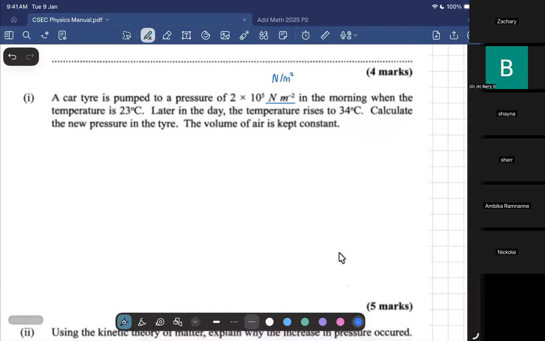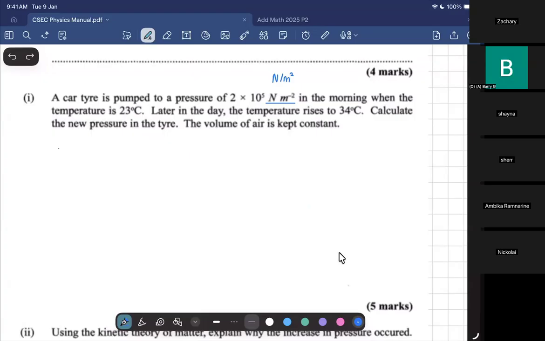In the morning, when the temperature is 23 degrees Celsius, later in the day, the temperature rises to 34 degrees Celsius. Calculate the new pressure in the tire. The volume of air is kept constant. All right, so let's underline the key information. They are giving us a pressure, we could call that the initial pressure.